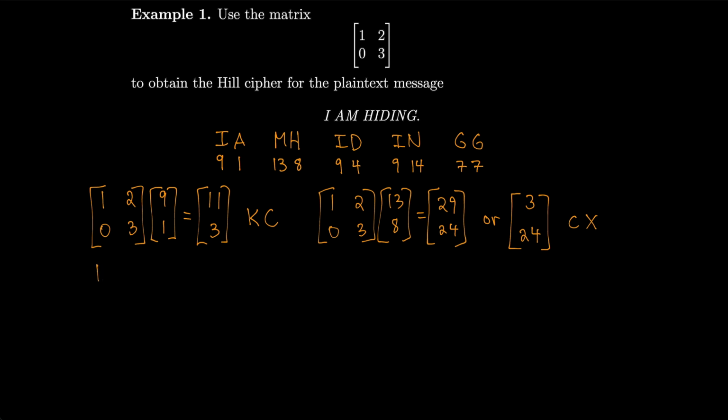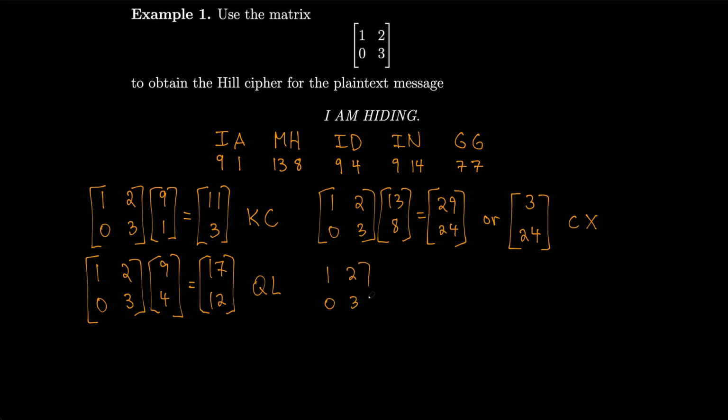So let's keep going. [1, 2; 0, 3] times 9, 4 gives me 17, 12, so that's QL. Then [1, 2; 0, 3] times 9, 14 gives me 37, 42. Again, that's past the 26th letter of the alphabet, so I see how far past 26 I am for each of them.